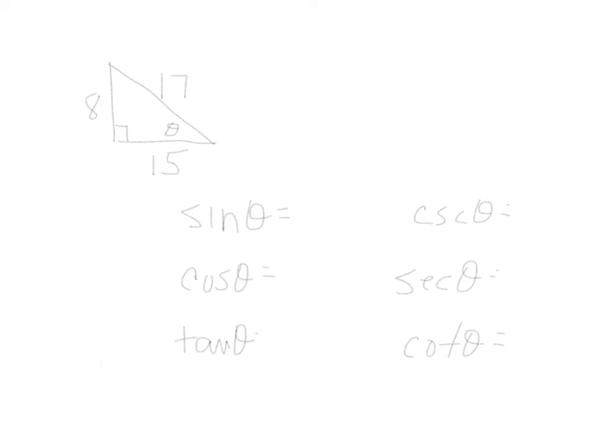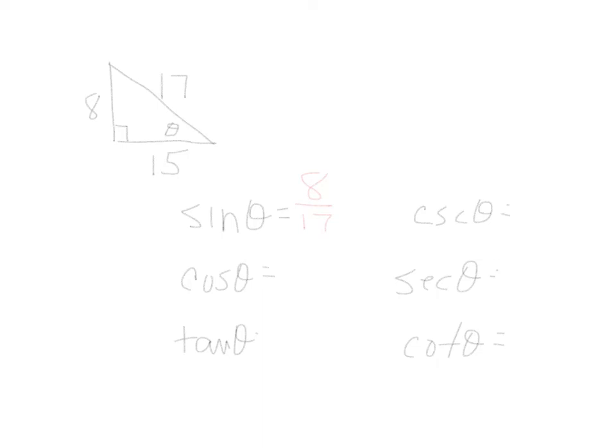Now, what we want to do is then we will begin using SOHCAHTOA. Sine. Think about what sine's definition is. Opposite over hypotenuse. So if you go opposite the theta, that's 8. Hypotenuse is 17. That would give us 8 over 17.